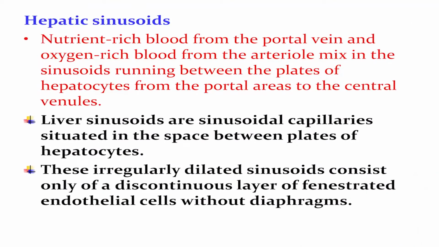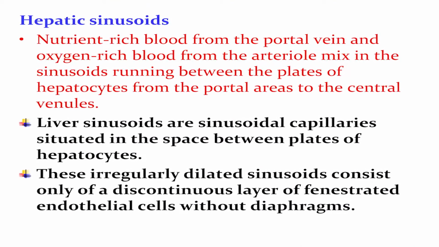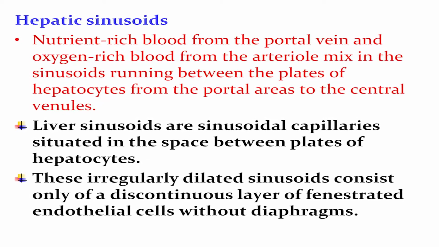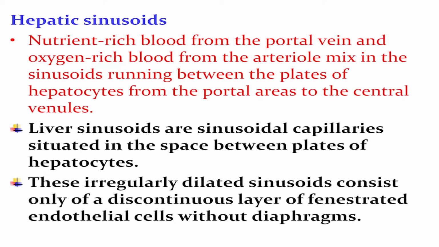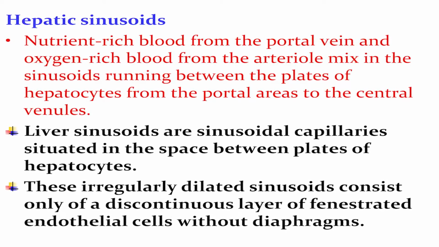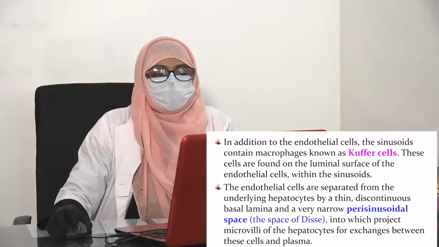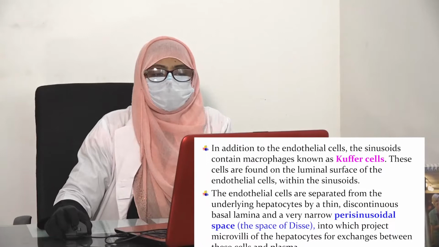And then hepatic sinusoids. Nutrient-rich blood from the portal vein and oxygen-rich blood from the arteriole mix in the sinusoids, running between the plates of hepatocytes from the portal area to the central venules. Liver sinusoids are sinusoidal capillaries situated in the space between plates of the hepatocytes. In addition to the endothelial cells, the sinusoids contain macrophages known as Kupffer cells.